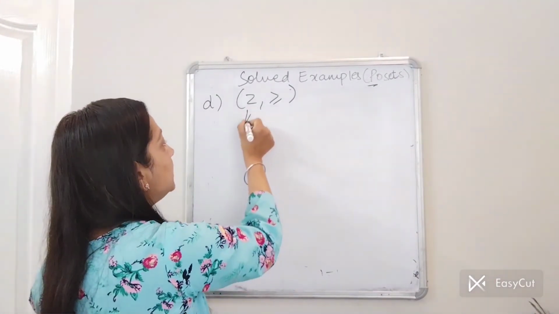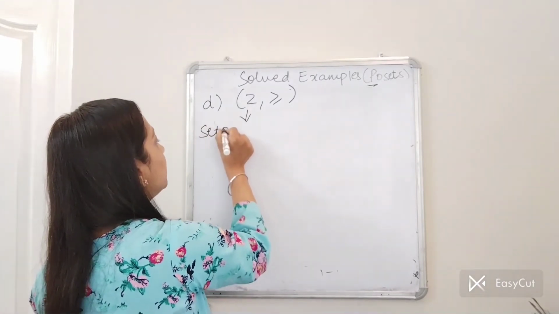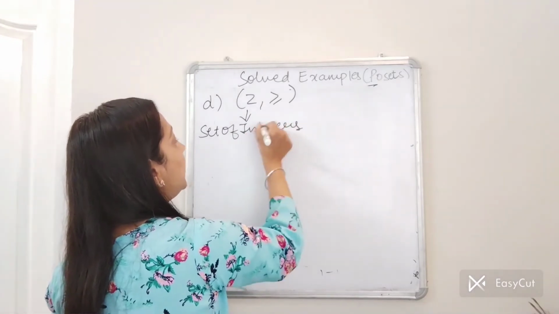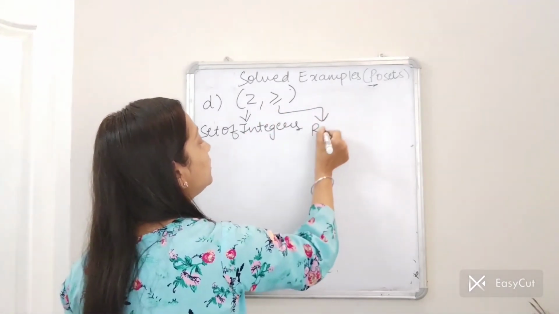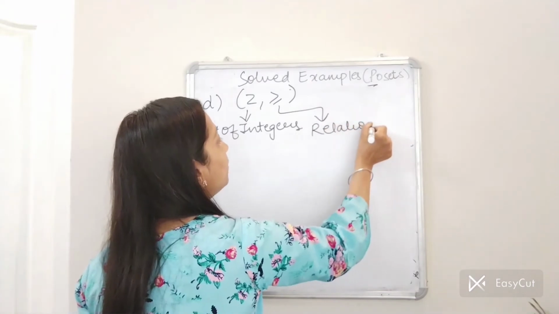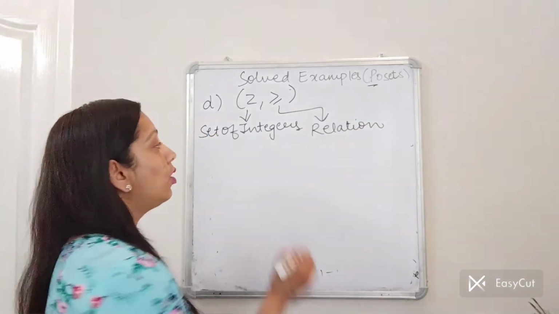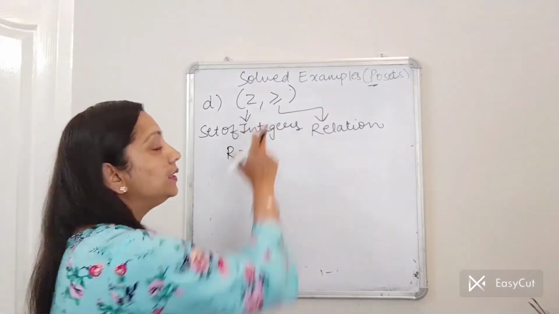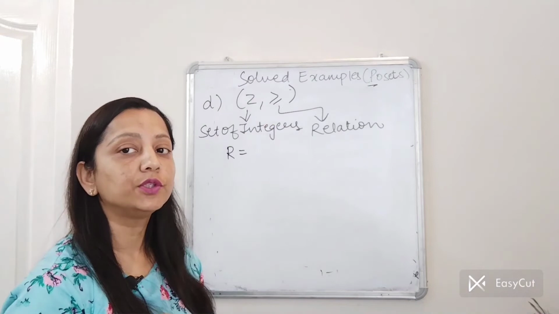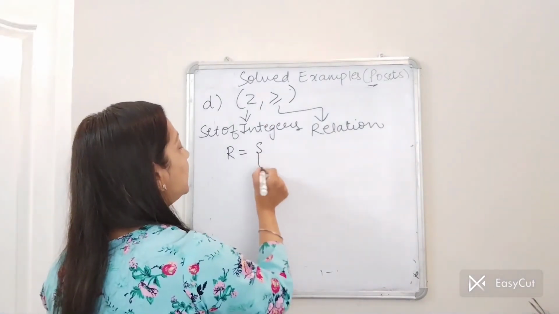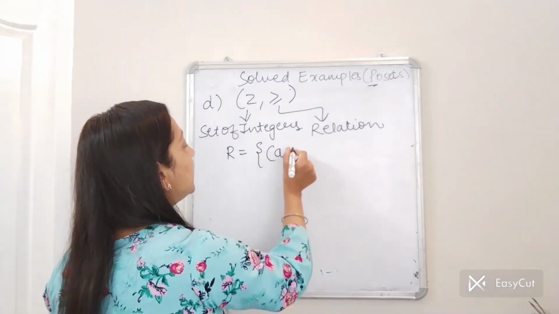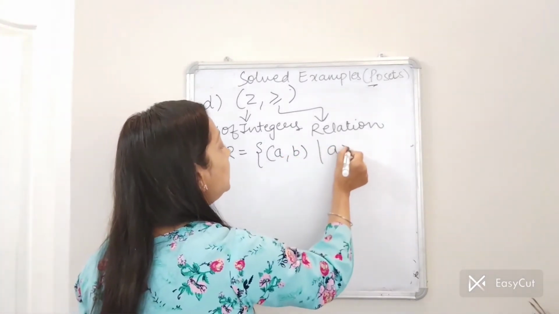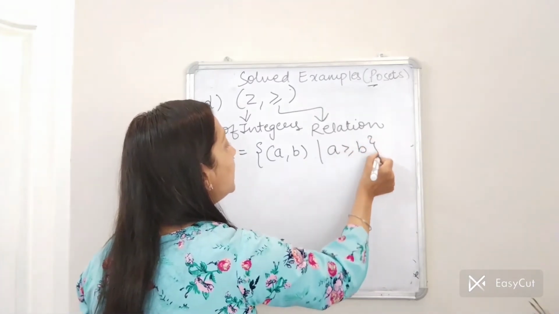So again, Z is the set of integers and greater than or equal to is the relation which is formed on this set of integers. Now again, if I give this relation the name R, then I know that greater than or equal to is the criteria for the formation of this relation. Hence I can say that R is a relation set which consists of ordered pairs AB such that A is either equal to or greater than B.